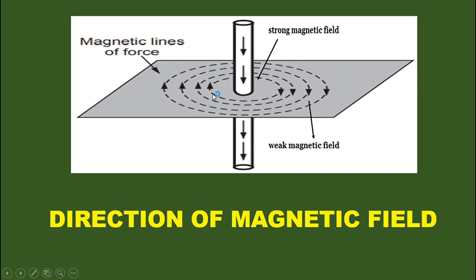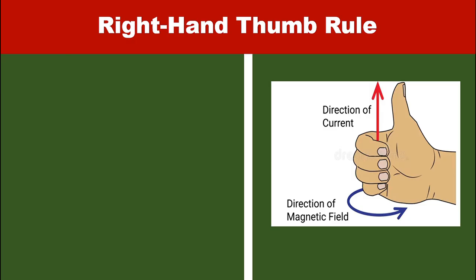That is the direction of the magnetic field line. Now you see the direction of the magnetic field line can be found by a rule. That rule is called the right hand thumb rule.